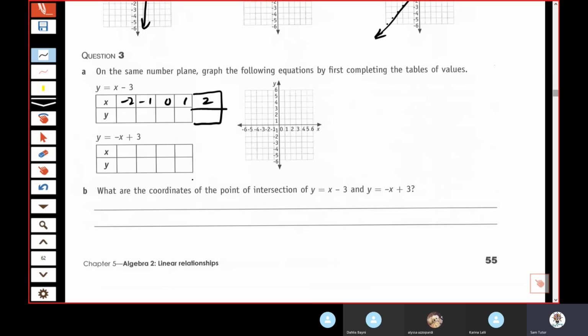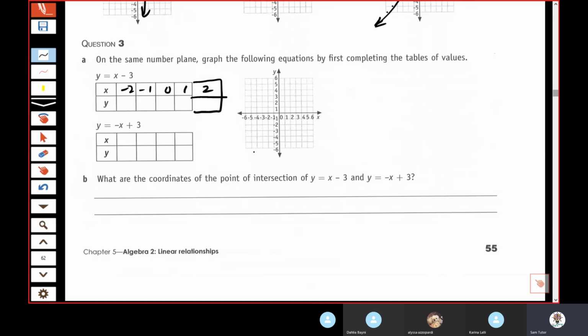X is -2, so -2 take away 3 is -5, -1 take away 3, -4. Let me know if I'm going too fast. 2 take away 3 is -1. Same thing with this one. X is -2, but then you've already got a negative, right?